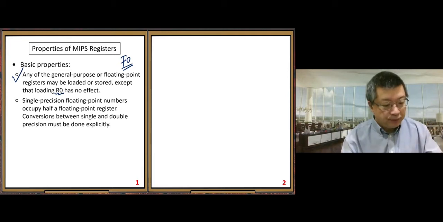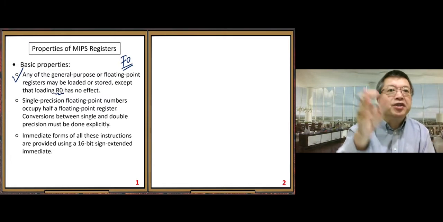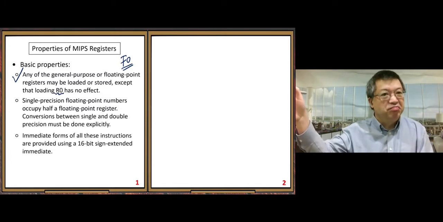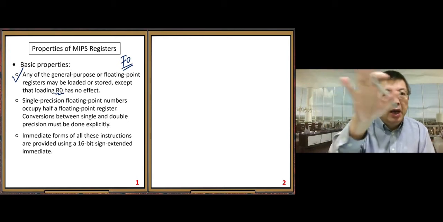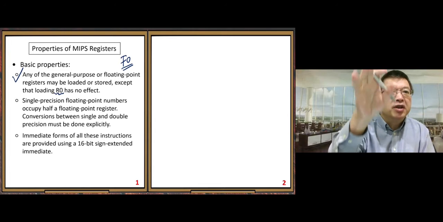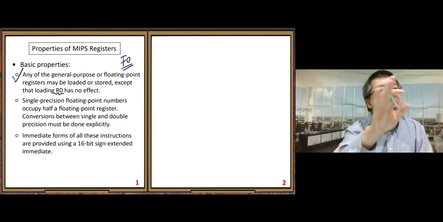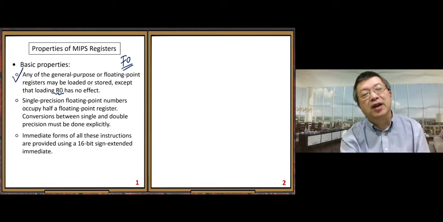Next one, immediate forms of these instructions. Immediate field, immediate form, are provided using a 16-bit sign extended immediate. Sign extended. I explained this concept before.